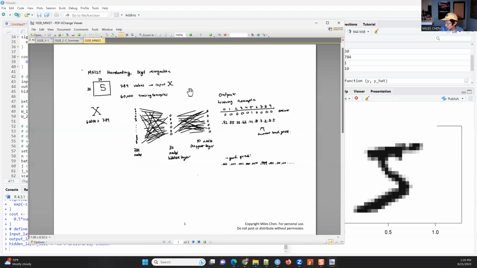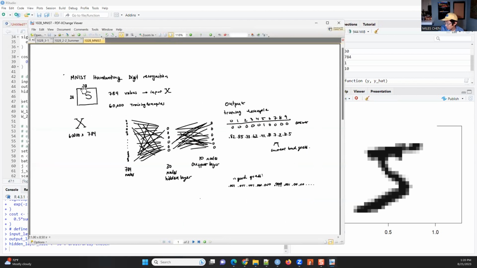So again, the idea here is I've got this image, 28 by 28 pixels. This is 784 values, so I'm going to have 784 nodes. My neural network has all of these connections going to 30 nodes in the hidden layer, and then we're going to have 10 nodes in the output layer.